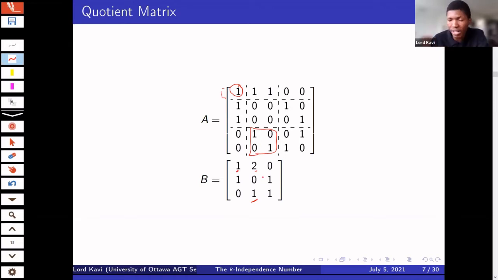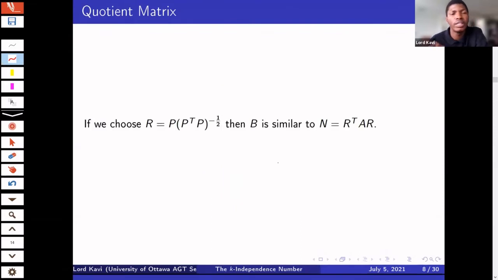So first, we have to partition the matrix with respect to a particular ordering, a particular partition, and then take the average row sum for each of these blocks. And now, in applying the theorem, if we choose R to be this matrix, where P is the characteristic matrix of the partition we've chosen, then the B matrix, the quotient matrix, is similar to our N matrix, the R transpose R matrix.